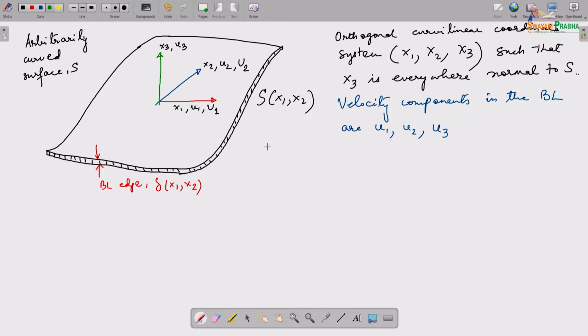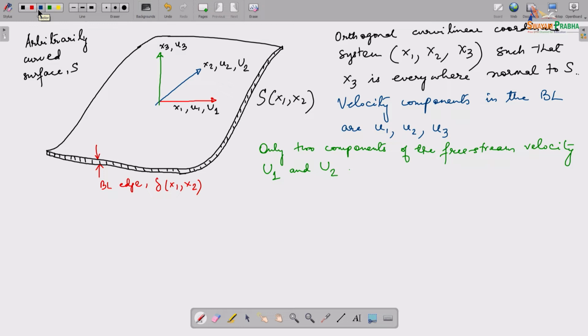Then we have only two components of the free stream velocity, and again x3 is normal to the wall.